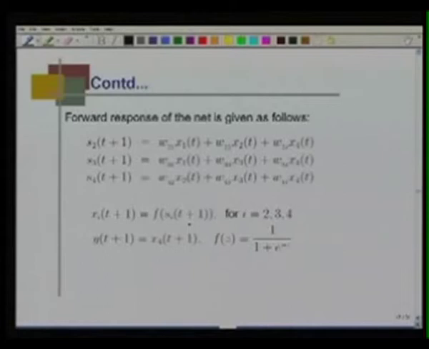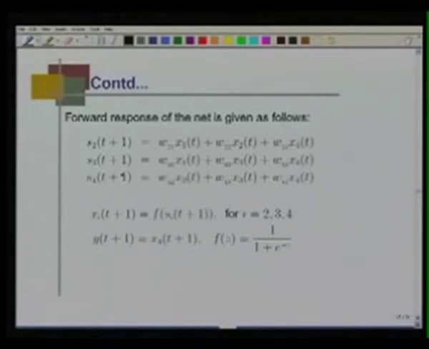Okay. So, the forward response of the network is that you compute S2 t plus 1, S3 t plus 1, S4 t plus 1, the total input sum to each neuron, and then the final response is the sigmoidal activation of the total input sum.